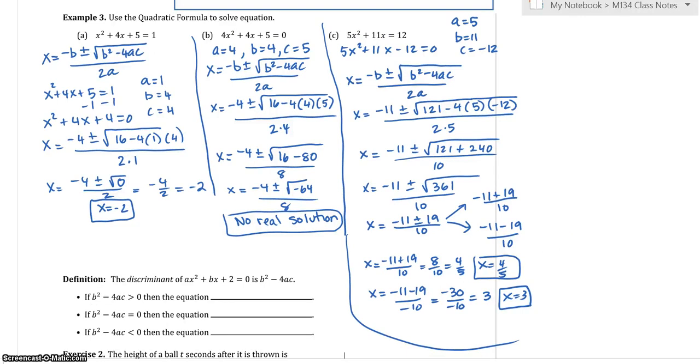I know it's teeny tiny, but if you look at this one, it was positive inside, and you see there was two answers. So if b squared minus 4ac is bigger than 0, then the equation has two solutions, two answers.